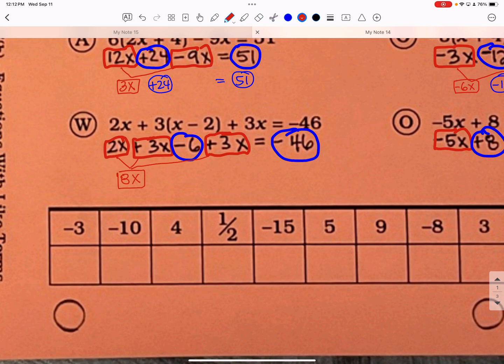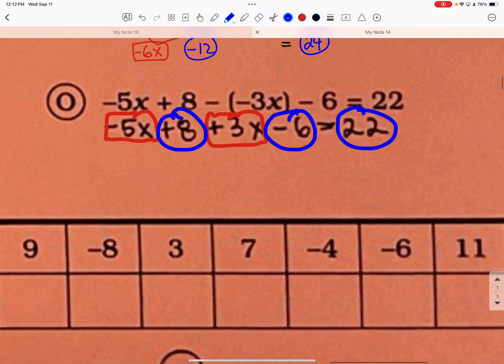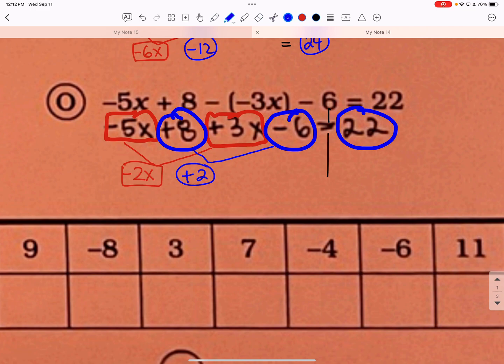They're all positive. Minus 6 equals negative 46. And this last one, let's see, in this bedroom over here, we've got negative 5x's and positive 3x's. The negatives win by 2, so negative 2x's. We really have 8 and negative 6. The positives win by 2 for the baby's clothes. And we have 22 over here.